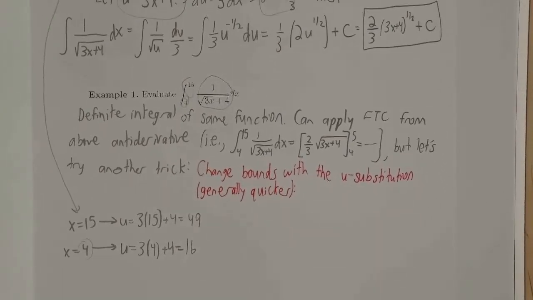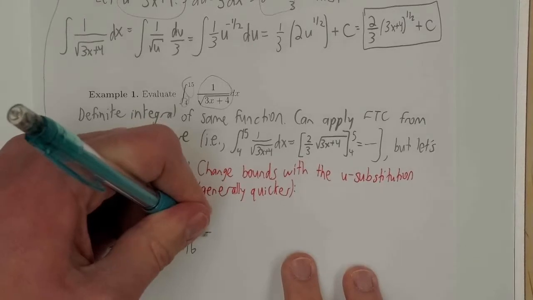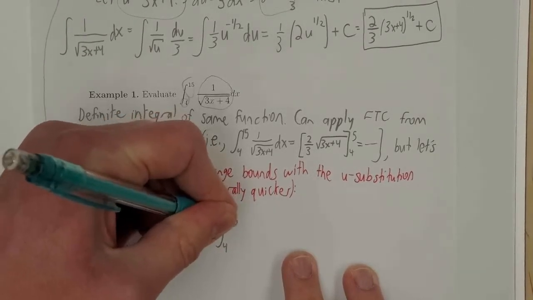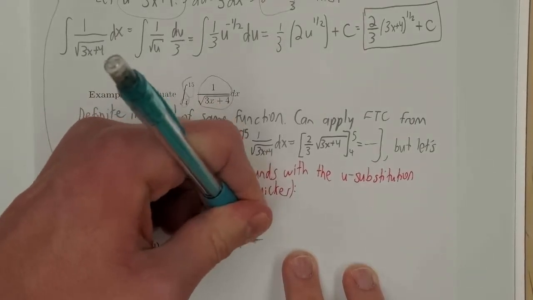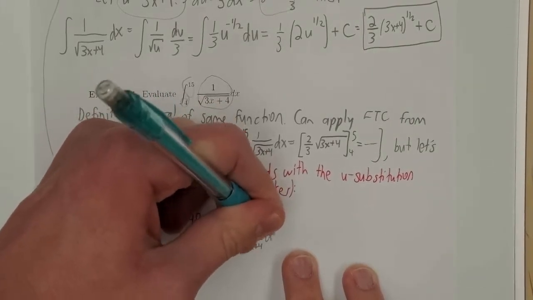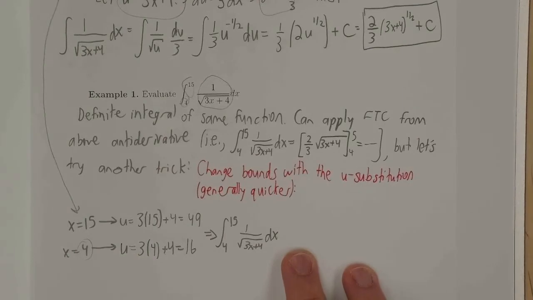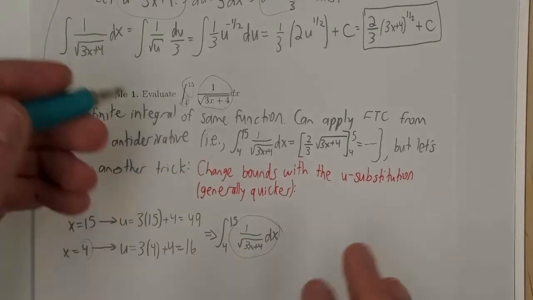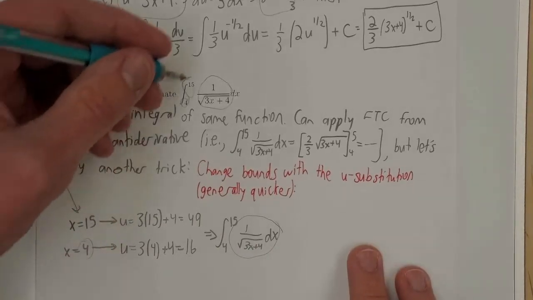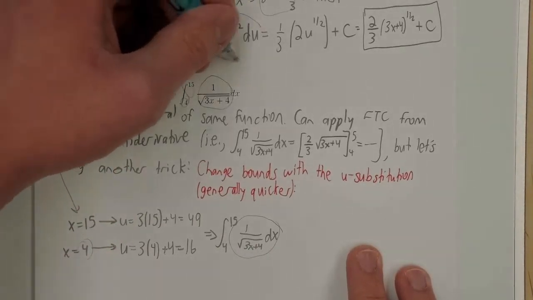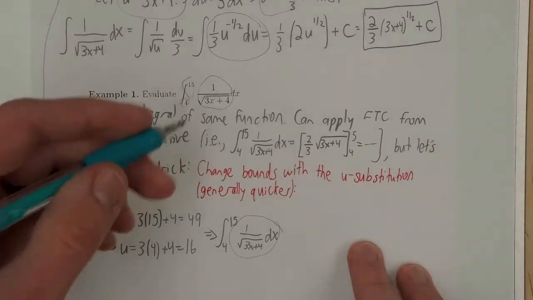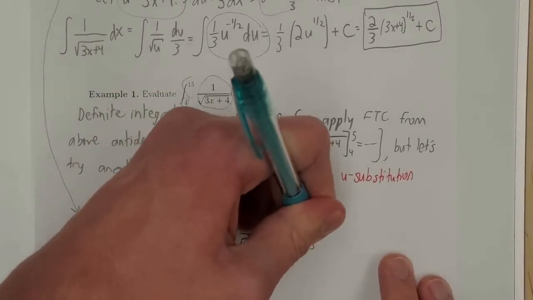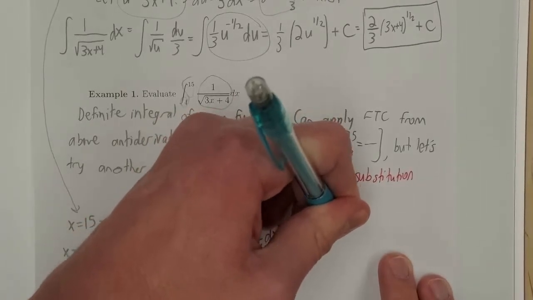So now we have the integral from 4 to 15 of 1 over root 3x plus 4 dx. Regarding everything going on here, nothing changes from the warm-up. Ultimately, you're still going to end up with what we have from the warm-up: 1/3 times u to the negative 1/2 du.